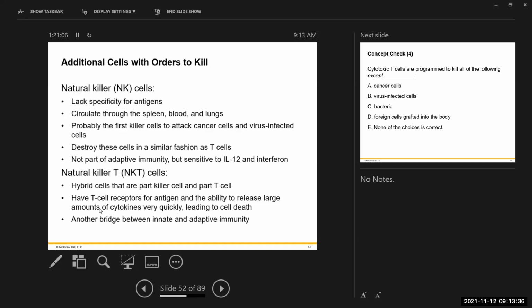What kind of cells make weird antigens that get presented on MHC-1s? Virally infected cells and cancer cells. So these cells are some of the first cells that attack and kill cancer cells. And they respond to a so-called interleukin-12, and they also respond to interferons. There's also a group of T cells that are called natural killer T cells. They have T cell receptors for antigen, and they act a lot like natural killer cells.